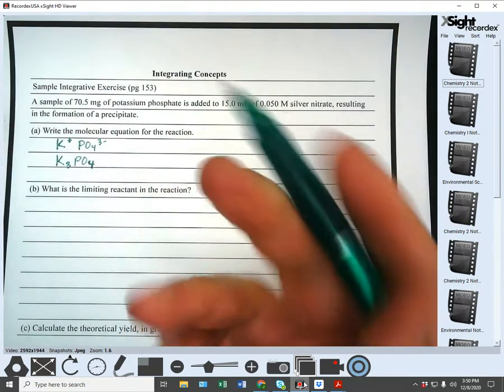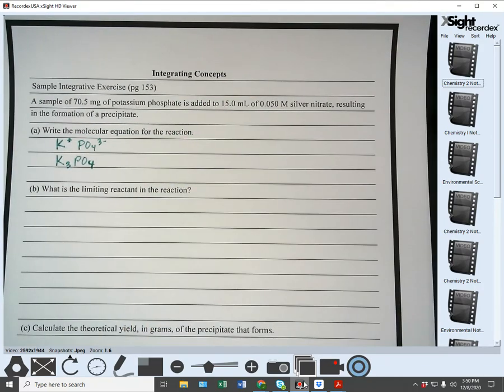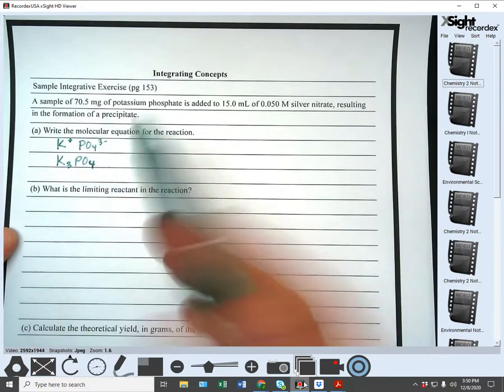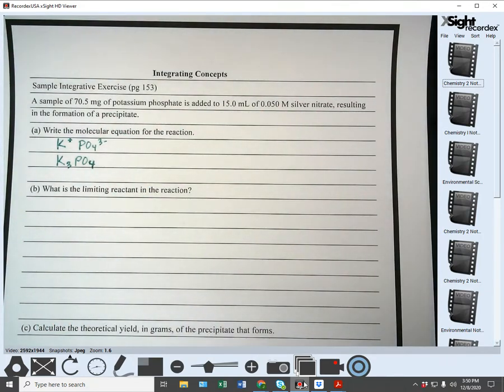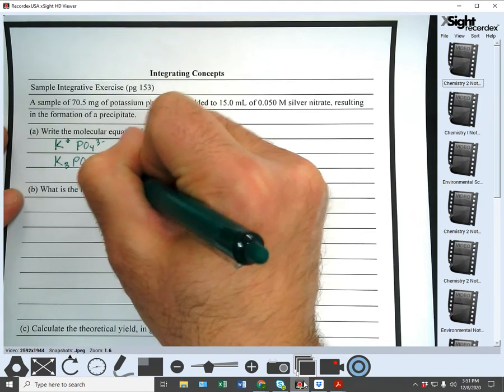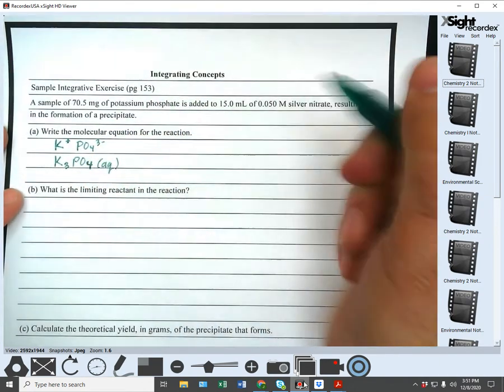And it doesn't say if that's a solution. I'm assuming it is just because it says results in the formation of a precipitate. We can always check. PO4 is actually solid unless alkali metal cation. Potassium is an alkali metal, so this will be aqueous.